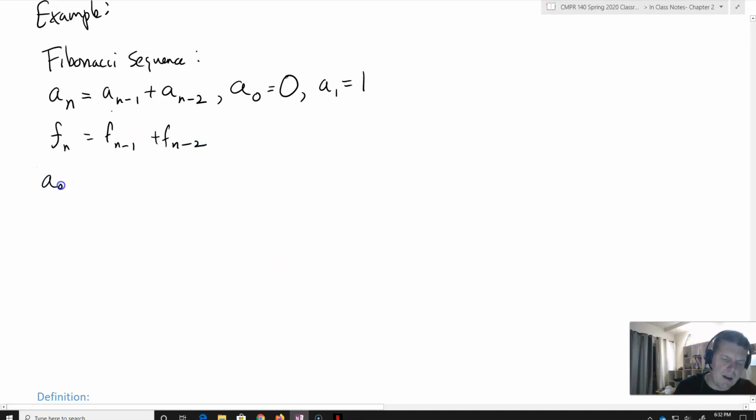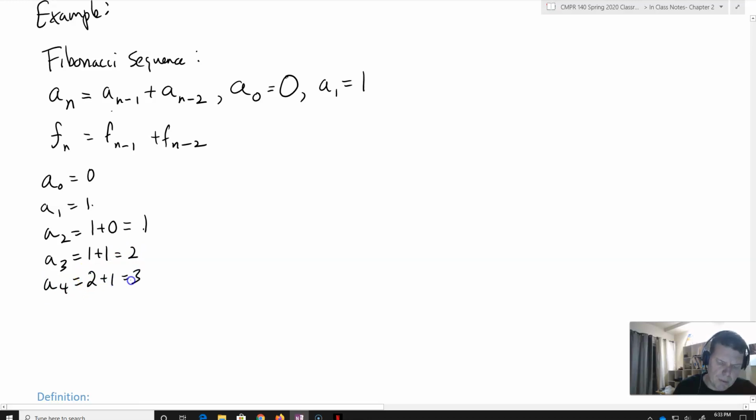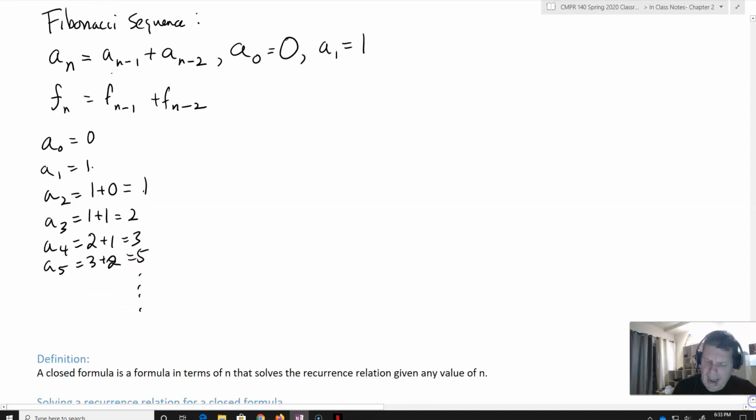And so we notice a naught's going to be 0 as defined, a1 will equal 1, a2 will equal 1 plus 0, which equals 1, a3 will thus equal 1 plus 1, which equals 2, a4 will then equal 2 plus 1, which equals 3, a5 will equal 3 plus 2, which equals 5, and then so on and so forth. We'll just add the previous two terms, and that will give us the terms of the Fibonacci sequence.